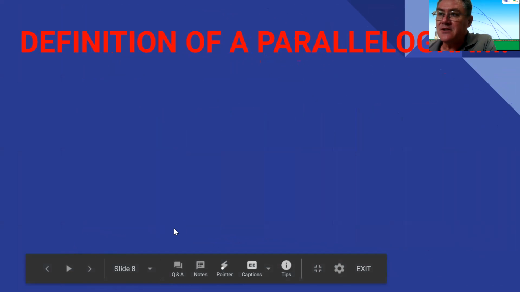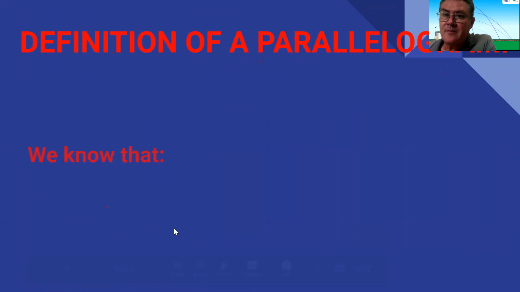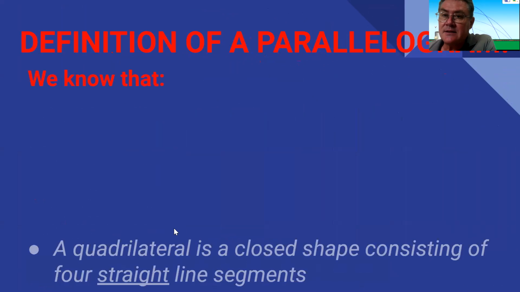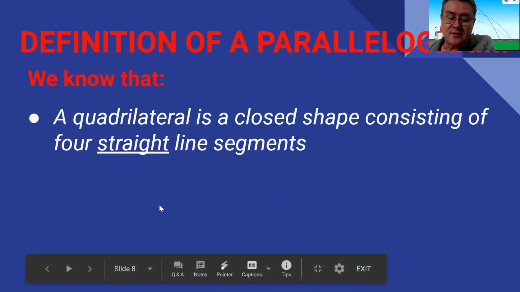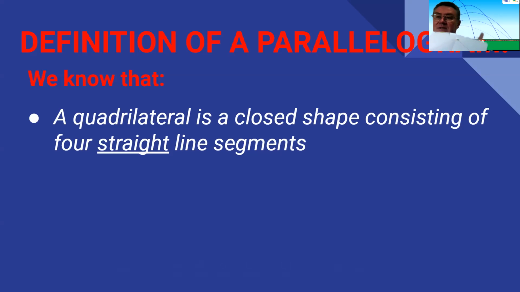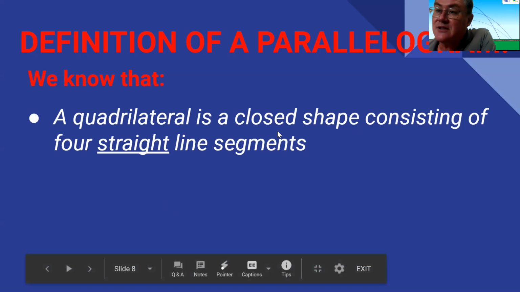Now, definition of a parallelogram. We know that a quadrilateral is any shape with 4 sides. A quadrilateral is a closed shape consisting of not 1, 2, but 3, 4 straight line segments.